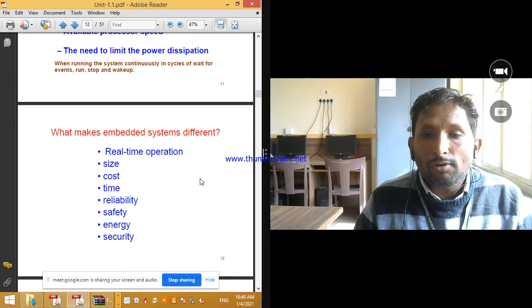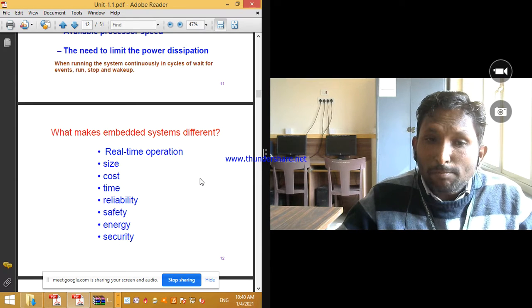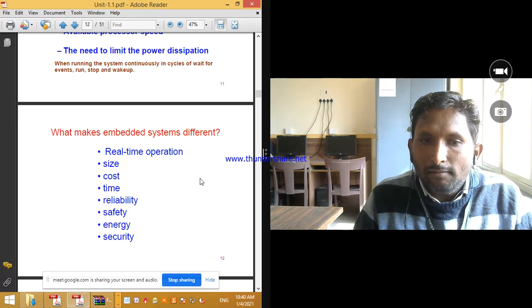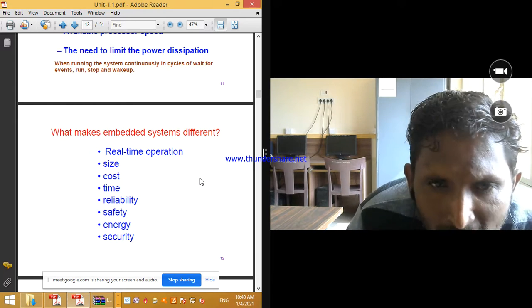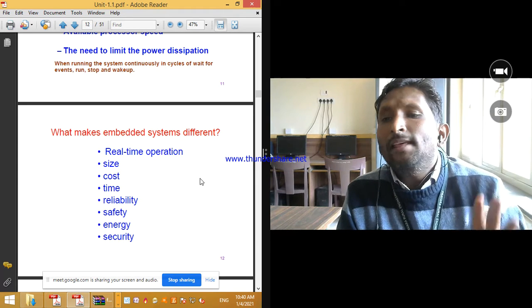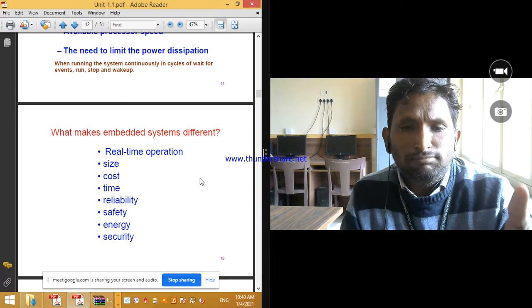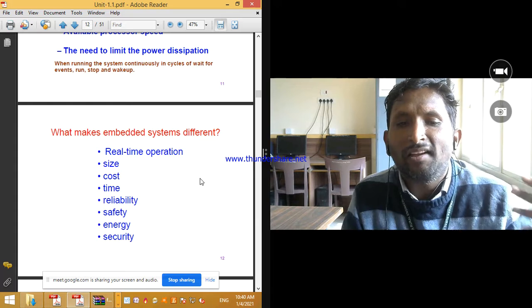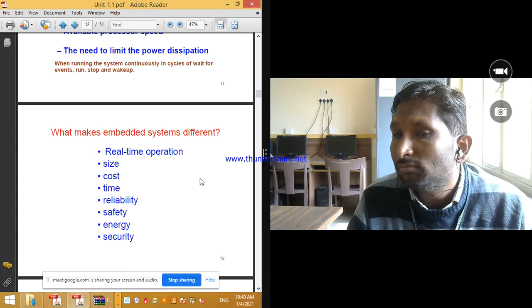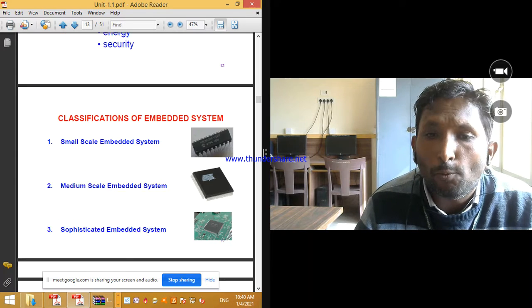Safety: this embedded system provides safety. Then energy and security. These are very important points regarding why the embedded system is different from other systems: reliability, time, cost, safety, energy, security, and real-time operation. These are very important and crucial points.